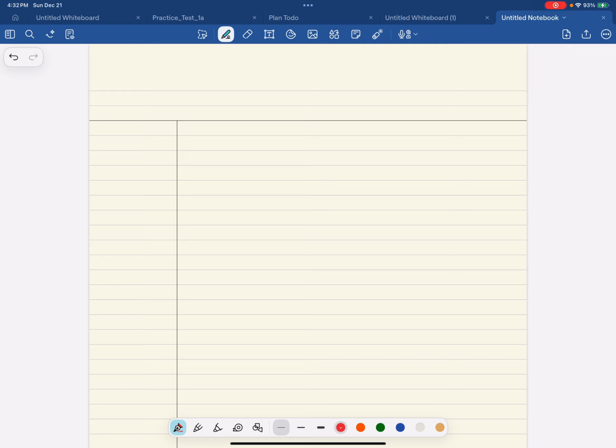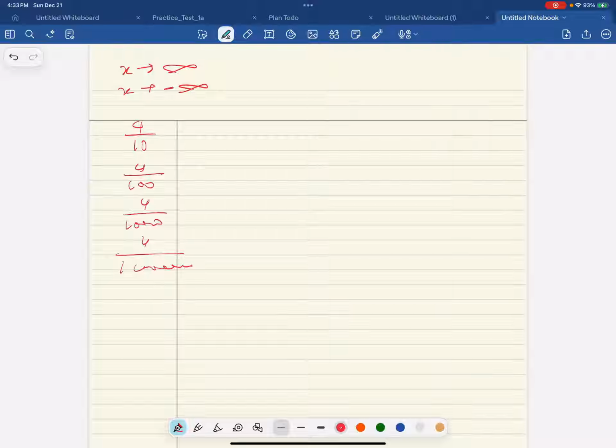quiz 2 material, we're going to be doing x approaching infinity or x approaching negative infinity. That is when we do 4 divided by 10, 4 divided by 100, 4 divided by 1,000, 4 divided by 1 million. What's going to happen? We did something similar before, but now it is a very big number.